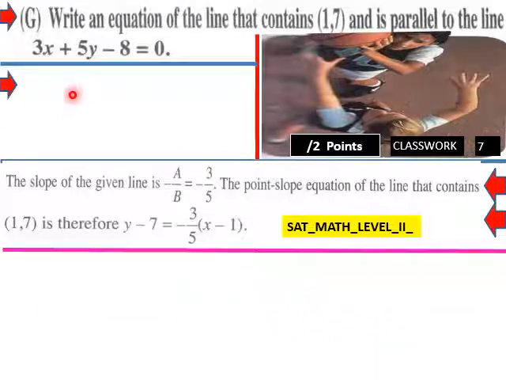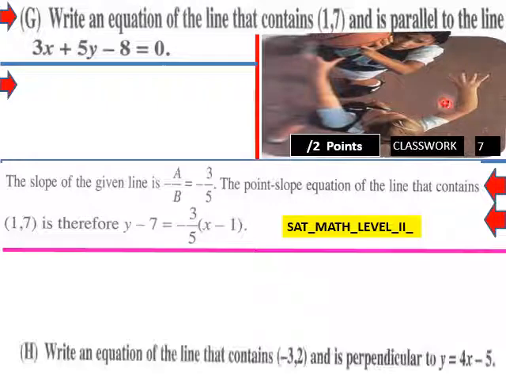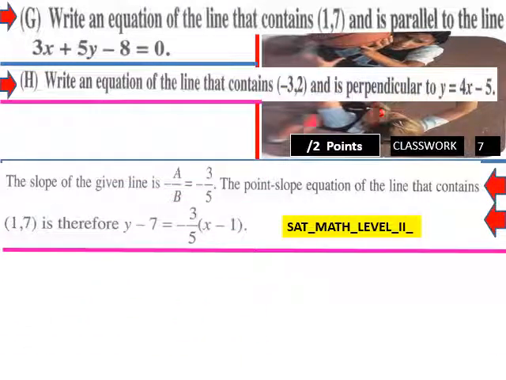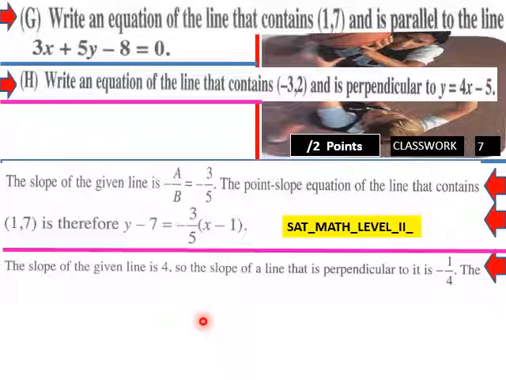Example H. Write an equation of the line that contains (-3, 2) and is perpendicular to y equals 4x minus 5. The slope of the given line here is 4.